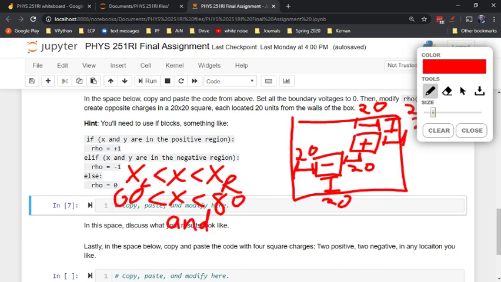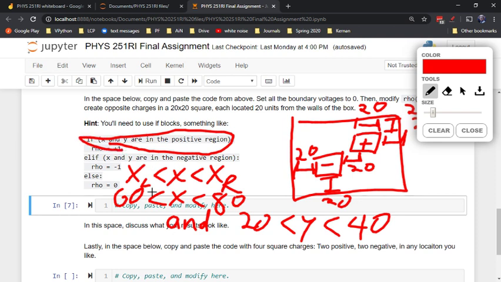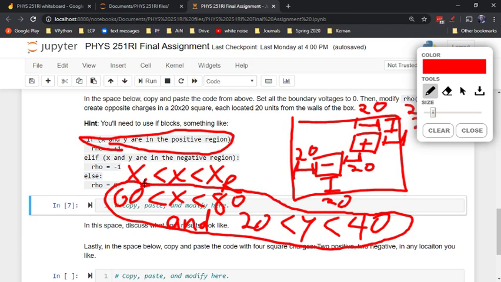And do a similar thing with y, right? So y is going to be, there's 20 there, 20 less than y less than, what is that going to be, 40? Right? So this part right here is going to be your positive region. That's what that should end up looking like.